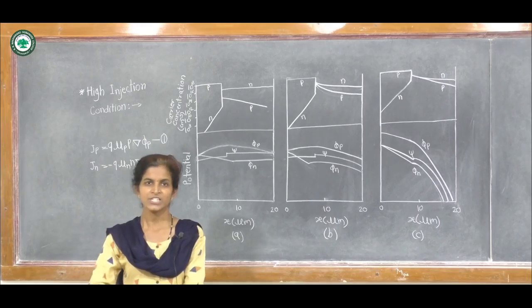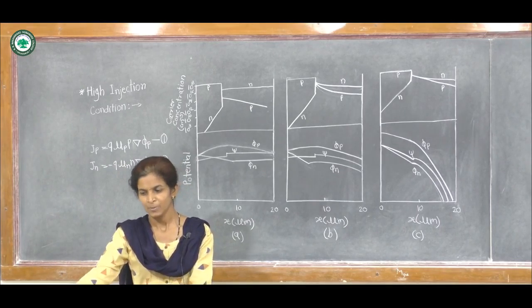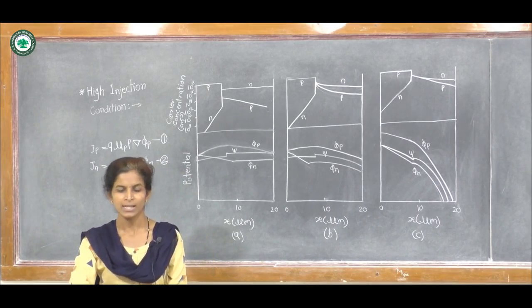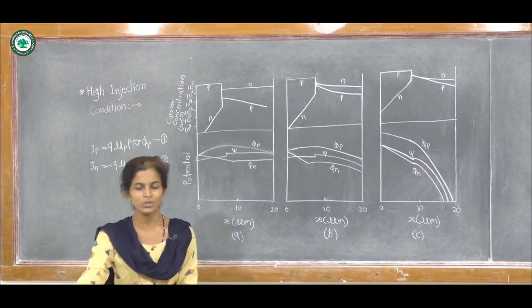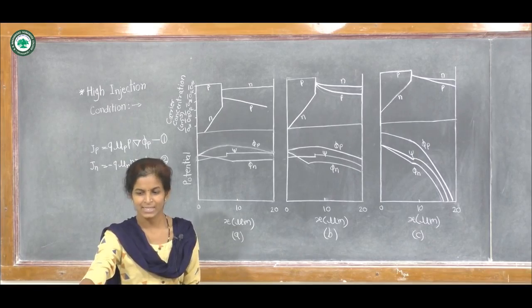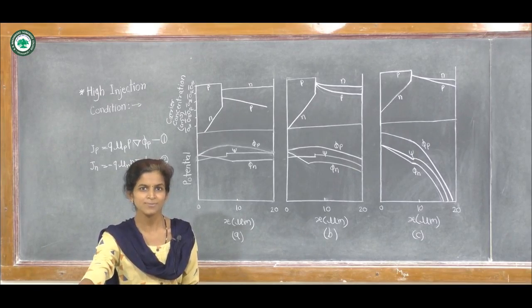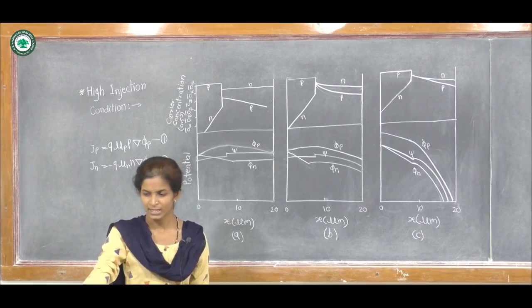Since Jp, p, and mu p are positive, the hole quasi-Fermi level decreases monotonically to the right. Similarly, the electron quasi-Fermi level increases monotonically to the left.